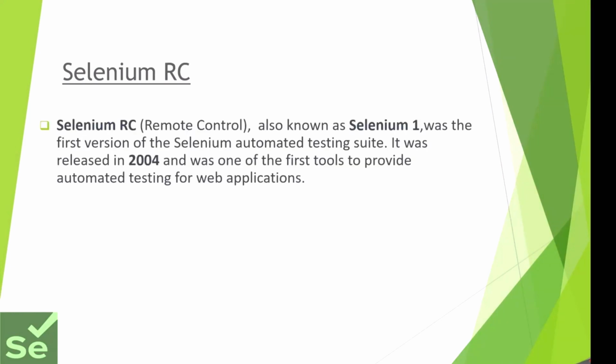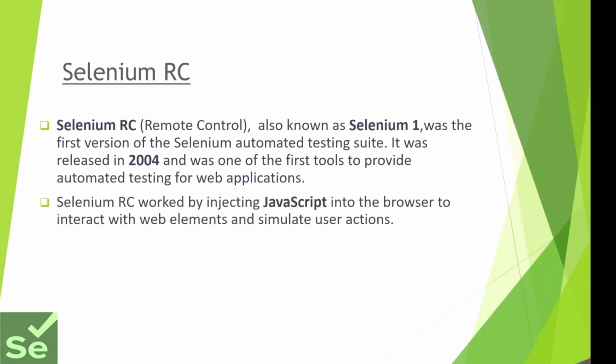So the second component was Selenium RC. The RC full form is Remote Control, and it is also known as Selenium 1. It was the first version of the Selenium automated testing suite. It was released in 2004 and was one of the first tools to provide automated testing for web applications.